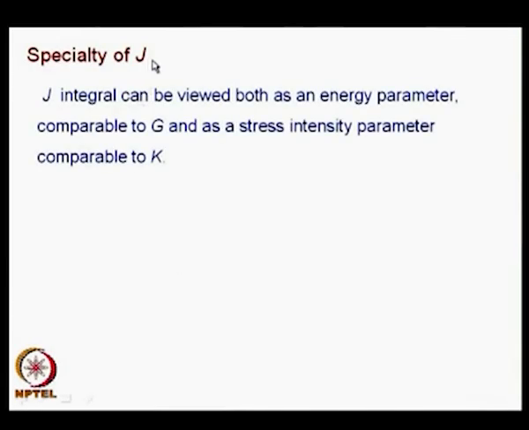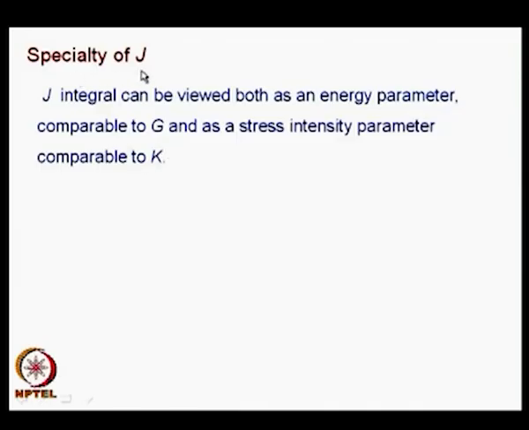And what is the speciality of J? If you look at linear elastic fracture mechanics, you had a concept called G and you had a concept called K. G was looked at as an energy release rate and K was a stress intensity factor.